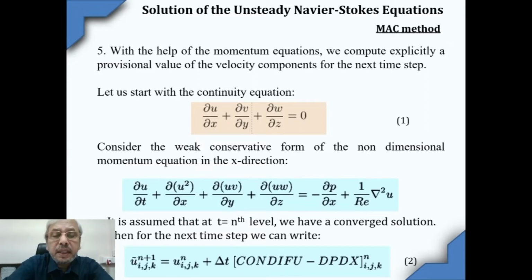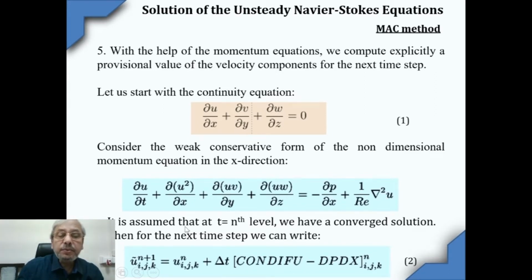Then let us take up the x momentum equation, and as you can see, we have taken the x momentum equation in weak conservative form. Del u del t plus del x of u square plus del y of uv plus del z of uw equal to minus del p del x plus 1 by Re del square u, which means del 2u del x2 plus del 2u del y2 plus del 2u del z2.